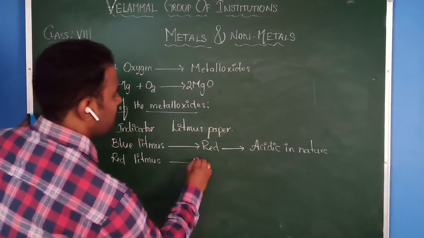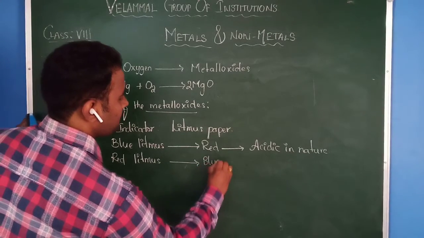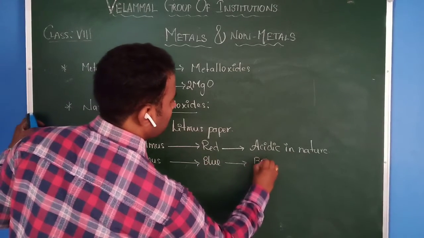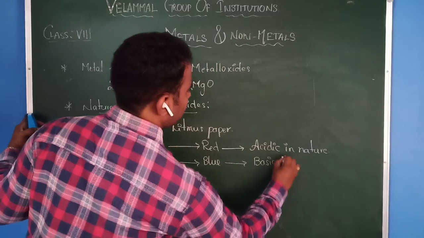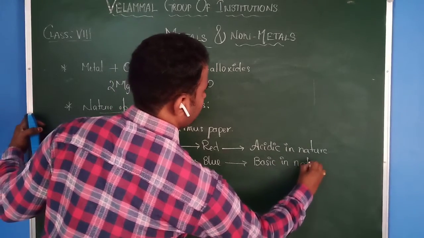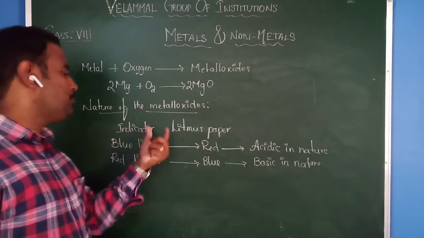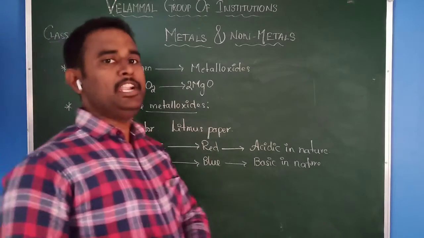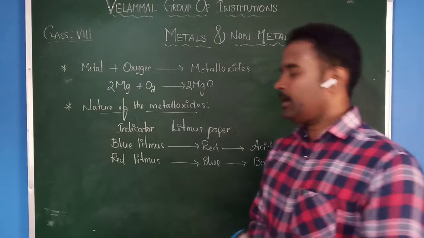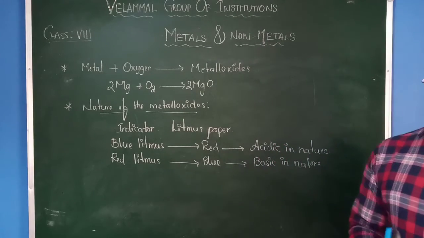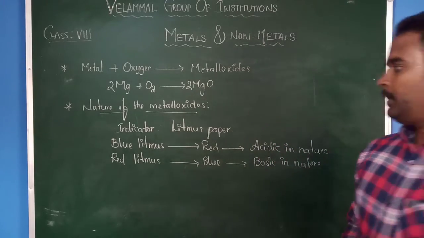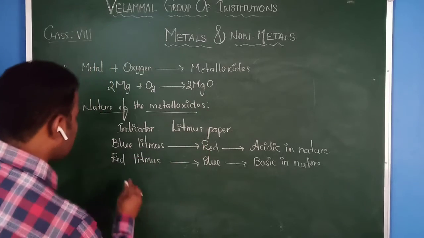If red litmus is converted into blue, it means it comes under basic in nature. Like this, by using litmus indicator, we can identify whether the compound is acidic or basic in nature.